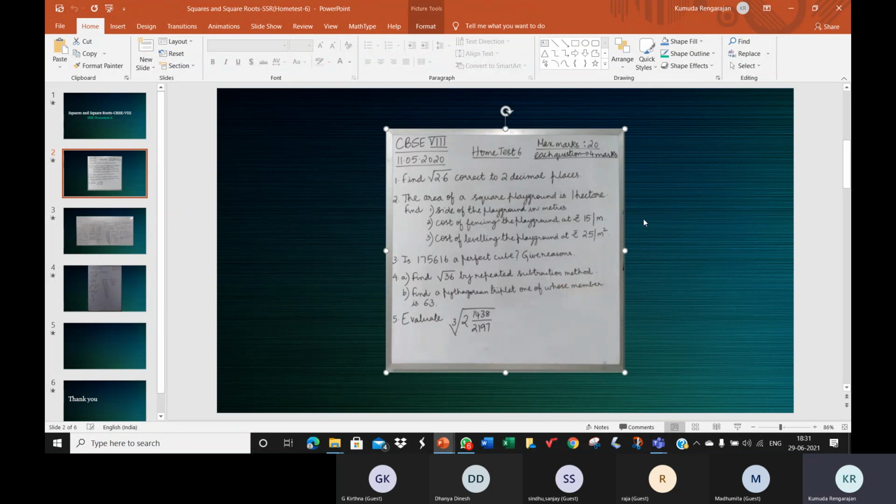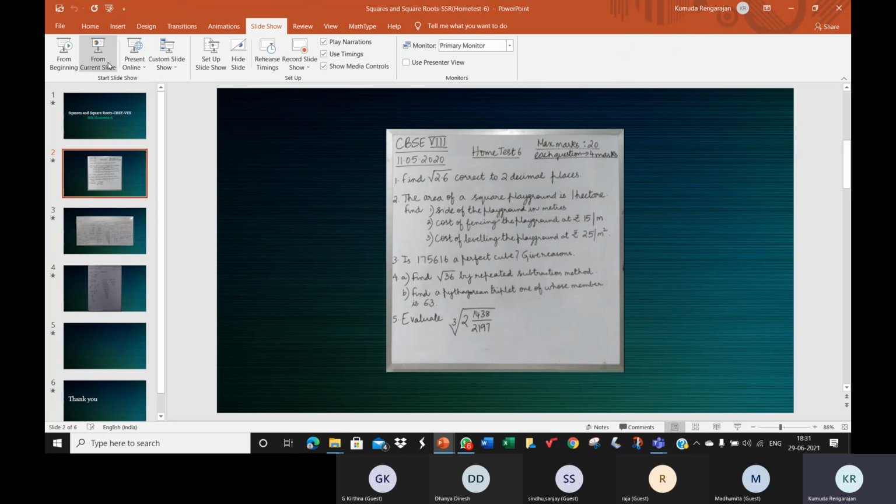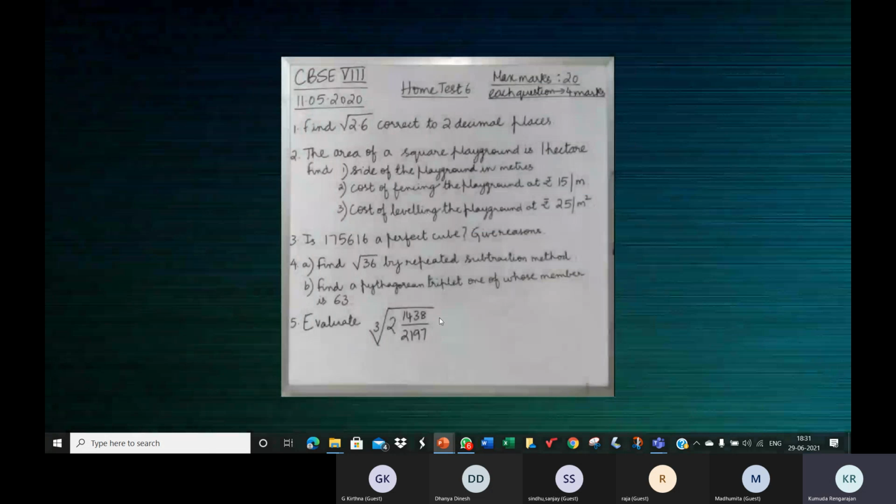You are supposed to do it in the class, but since it's time, I'm just winding up. Please take up this question and finish it. Evaluate. Oh, you have not learned cube root, right? Okay, sorry. You've not learned.